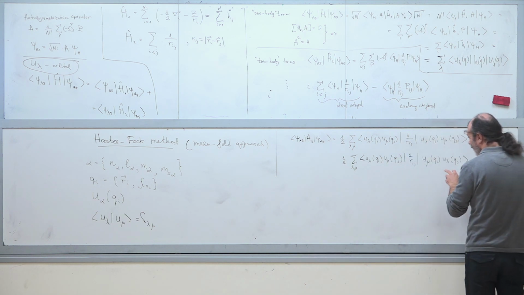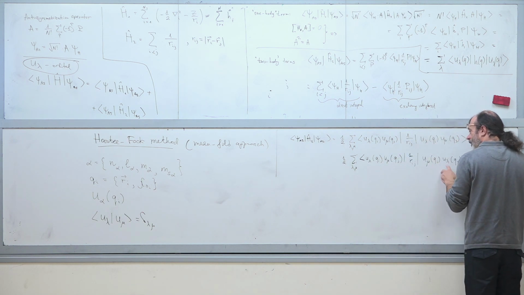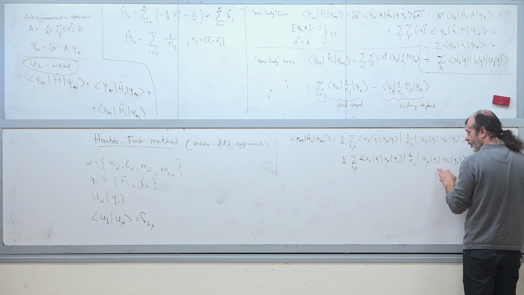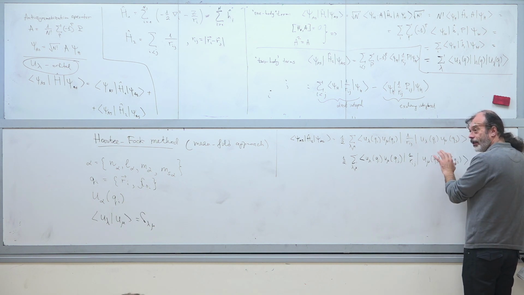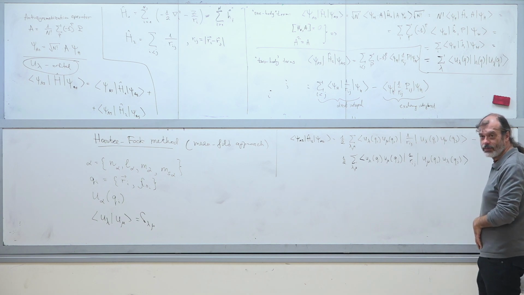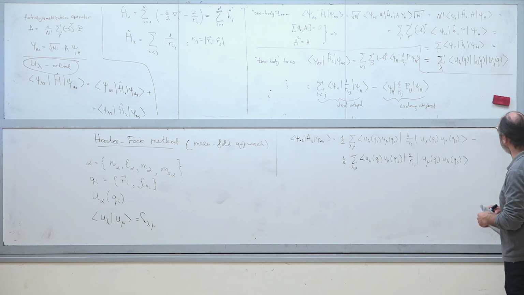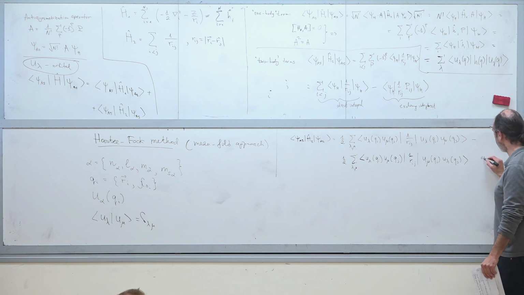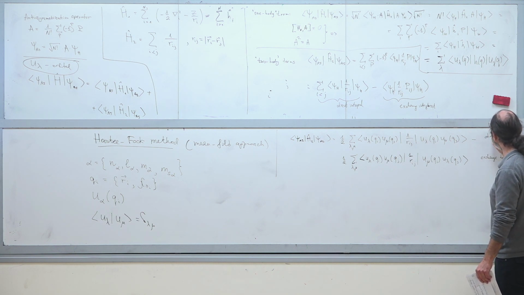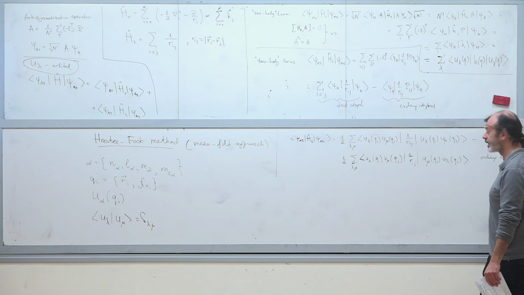So here we exchanged between these 2 electrons, qi and qj. We exchanged their position on these 2 different orbitals. So that corresponds exactly to the exchange term that we saw a week ago. This is the direct, and this is the exchange one.